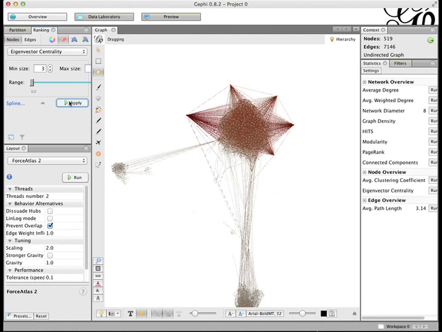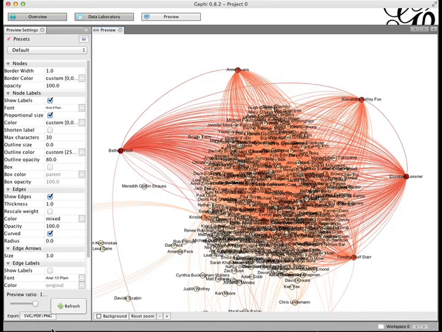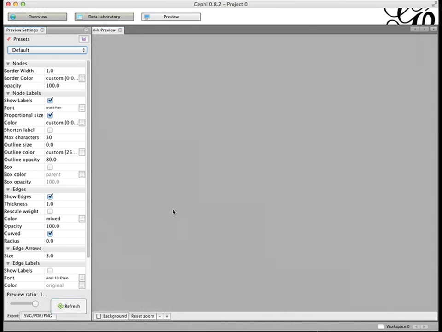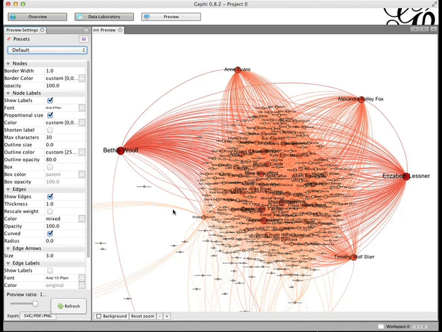Okay. And we want to make the nodes bigger. All right, let's try 15. There we go. Now we're getting a somewhat better view of larger versus smaller nodes, and you can see it showing up here. So again, one of the things that I think is important to be able to do in visualizations is to represent as many dimensions of the data as possible.